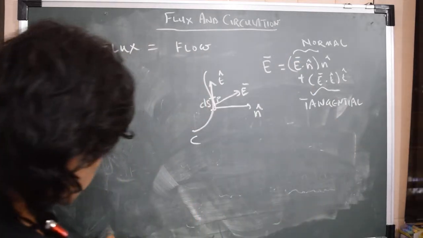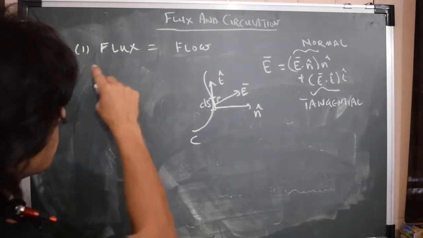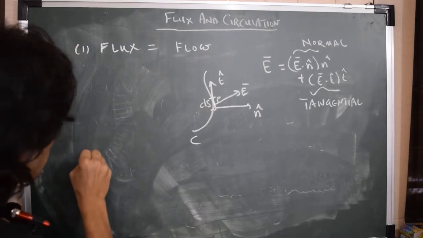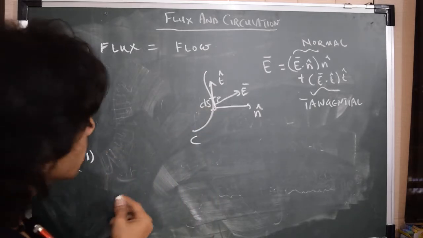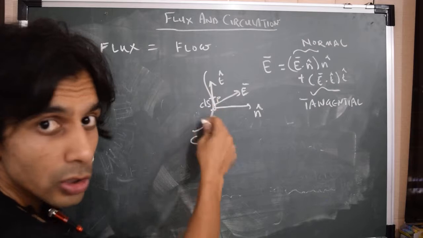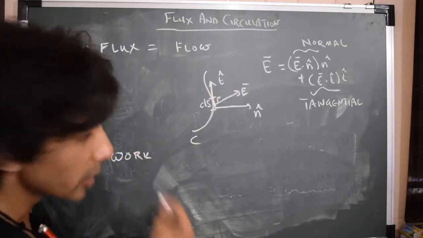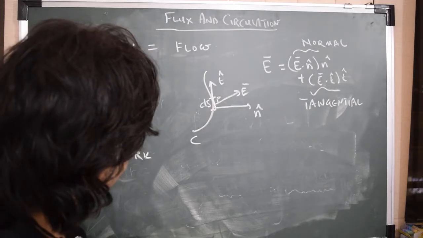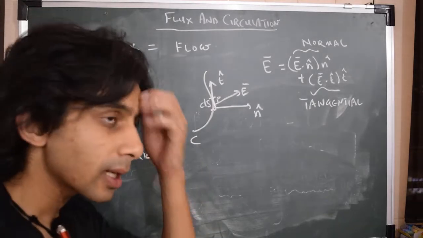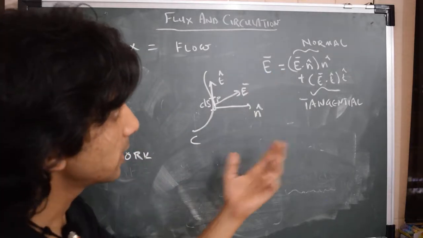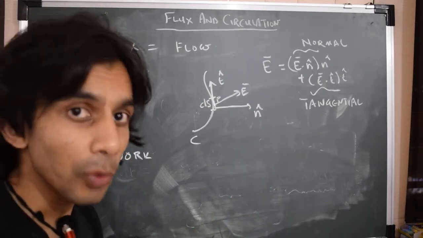Now, so far we have only considered the normal component of the field. But what if we consider the tangential component? Then we have the idea of what is called the work done, or circulation in some cases. This notion comes from imagining the vector field as, let's say, a force field.